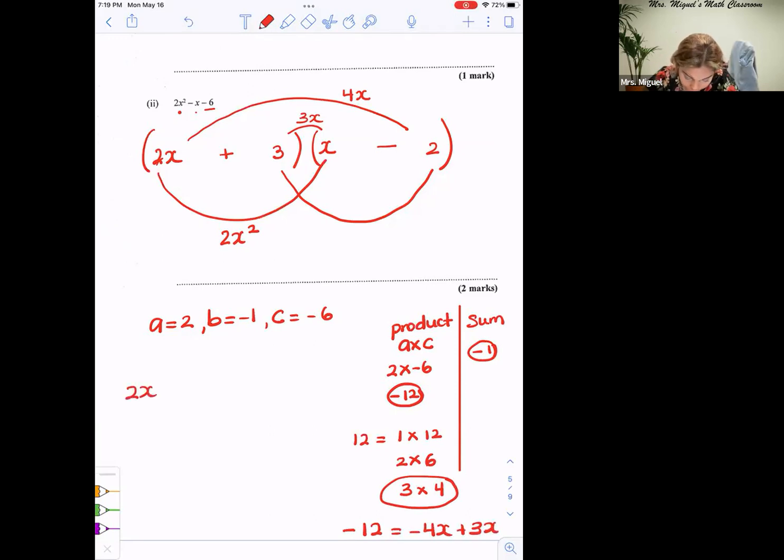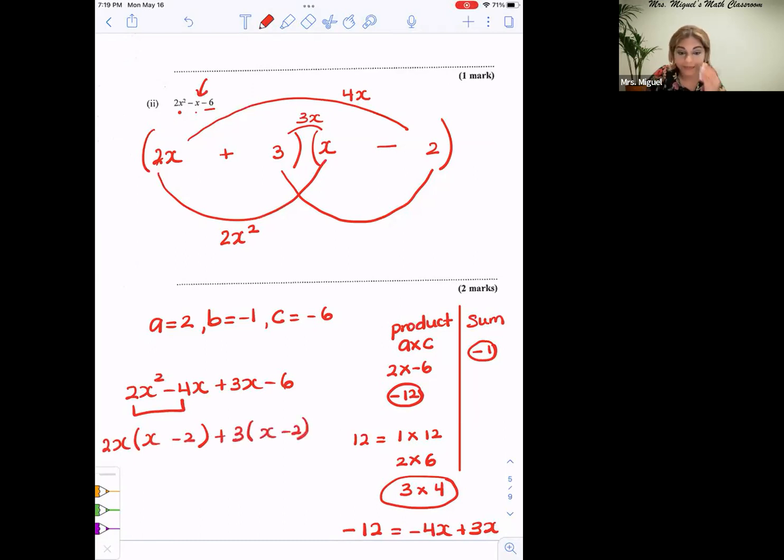So 2x squared, and I am replacing this middle term with -4x plus 3x minus 6. Here, x is common, so I can remove 2x. I will get x minus 2. Here, 3 is common. Notice my two brackets are the same. So in one bracket, I have x minus 2, and in my second bracket, I have 2x plus 3.